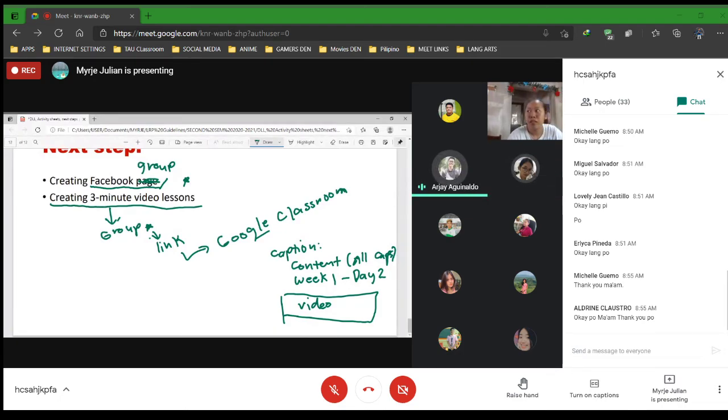How about po sa medium of instruction po? Medium of instruction po. English po ba? Grade 4. Taglish is still acceptable.